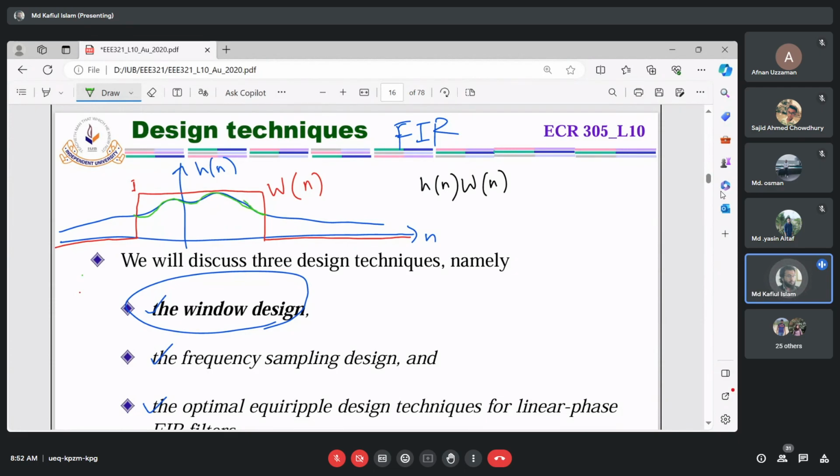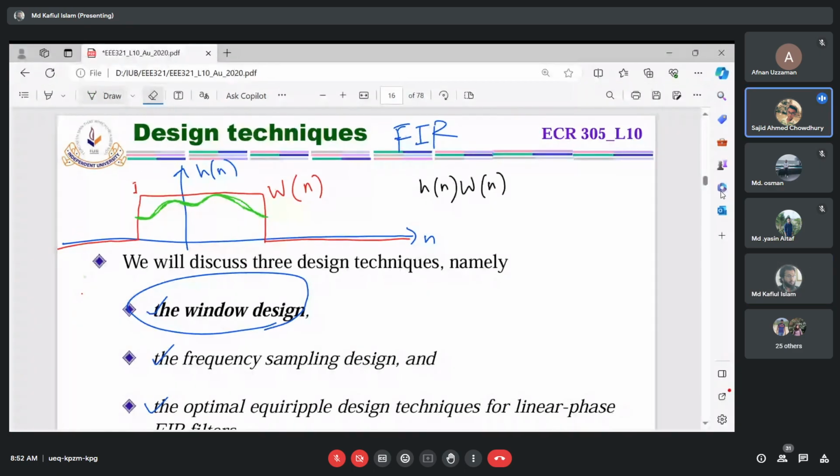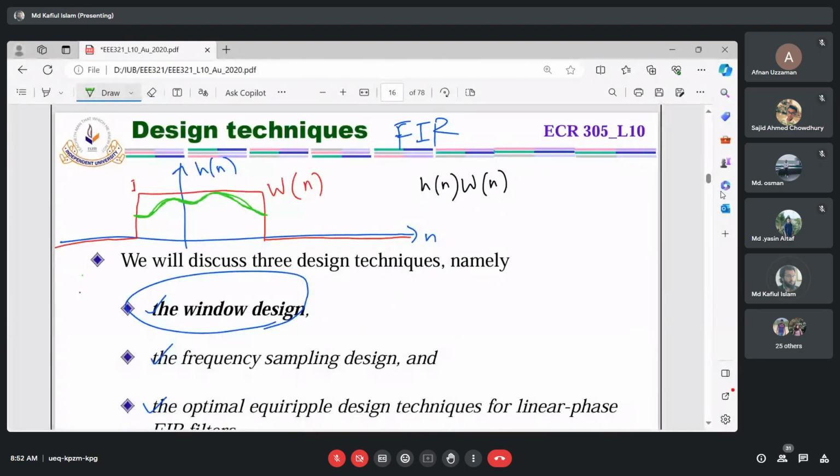Because these are the values under the rectangle that is multiplied with 1. The other will be multiplied with 0, so they will become 0. Okay.